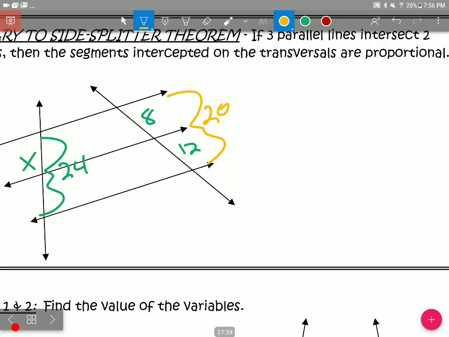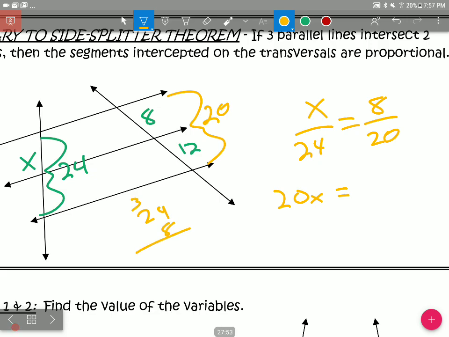So I can say x is proportional to 24, and 8 is proportional to 20. And just go about it on that route. So that's 20x equals 24 times 8. 8 times 4 is 32, 8 times 2 is 16, 17, 19, 192.